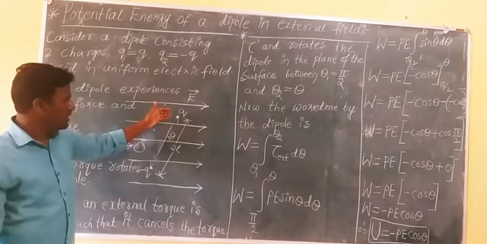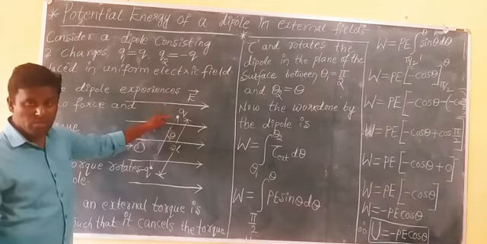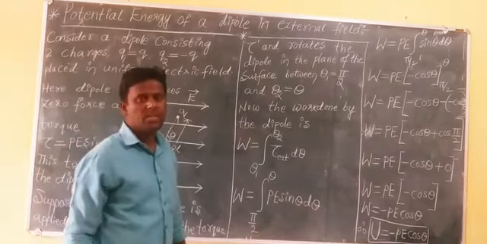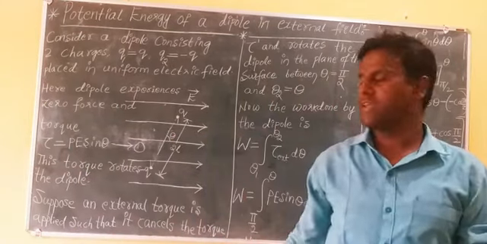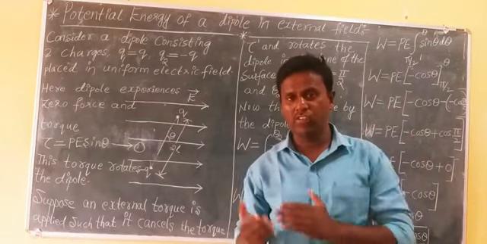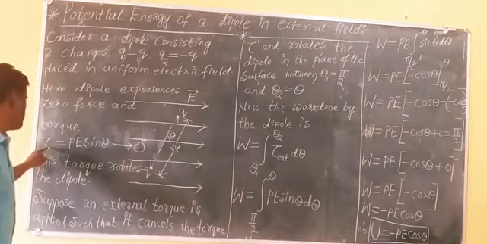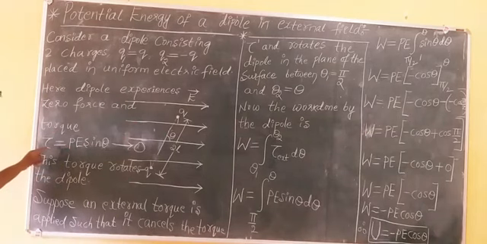So the dipole experiences a zero force, and next, the dipole experiences a torque. Whenever a dipole is placed in a uniform electric field, the dipole experiences zero force and a torque acts on the dipole. That torque is given by tau equals P E sin theta.